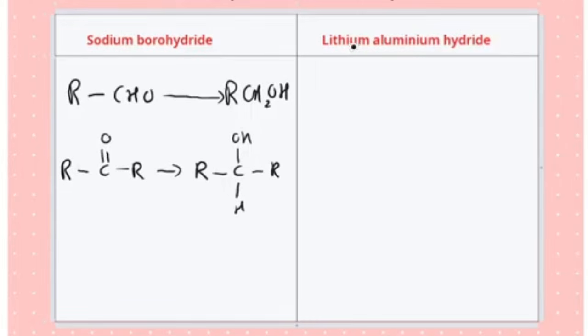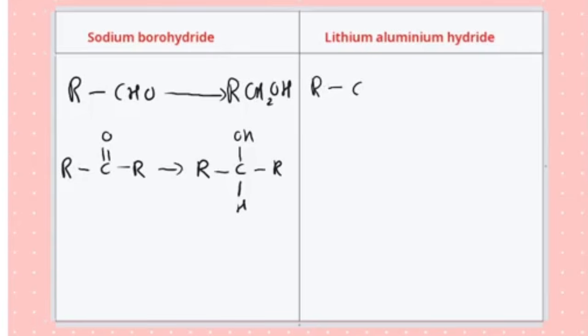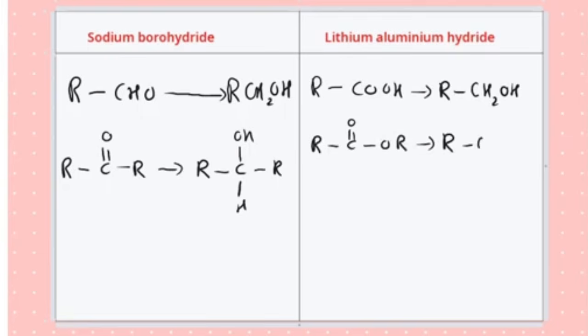But whenever we use lithium aluminium hydride, along with these two reactions, remember students, lithium aluminium hydride does these reactions as well. It can also reduce carboxylic acid to primary alcohol. It can even react with an ester and reduce it to an alcohol.